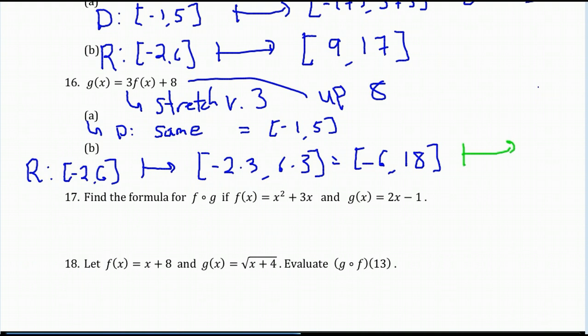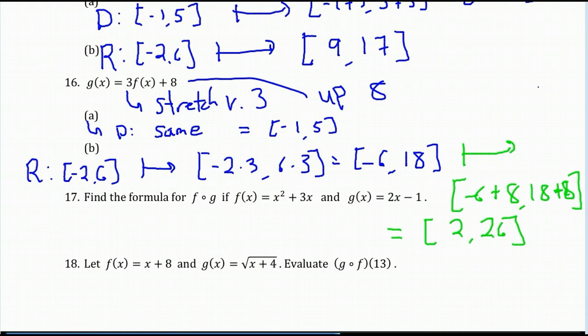So we're going to shift it up 8. So we're going to add 8 to each number in that interval. So add 8 to negative 6, add 8 to 18, and that gives us the new range for this transformation, which is 2 to 26. Okay, and that's the answer for number 16. Domain stayed the same. The range is now 2 to 26.